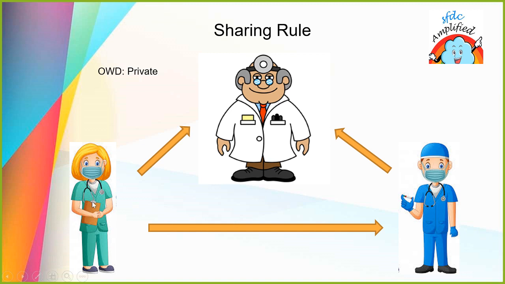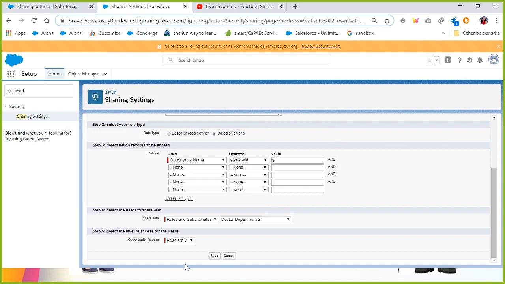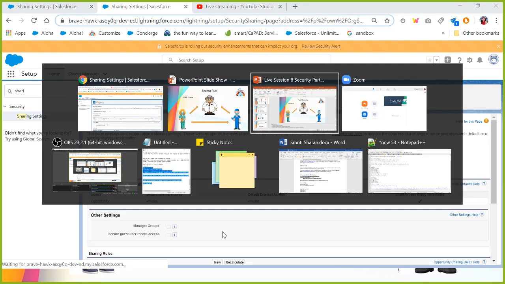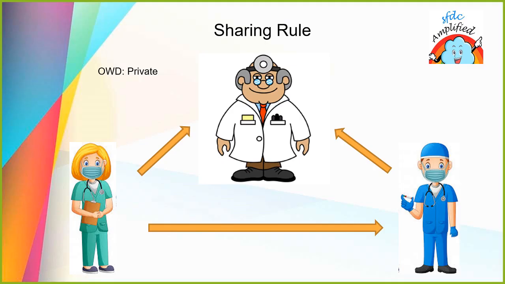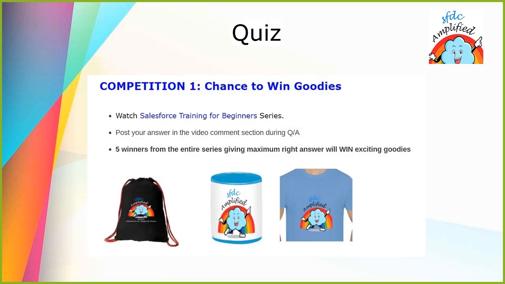Now the Department 1 role will be able to access the Department 2 role. Whoever is part of that particular role will be able to access, if we are adding the condition based on roles and subordinates. That's how the sharing rule works.